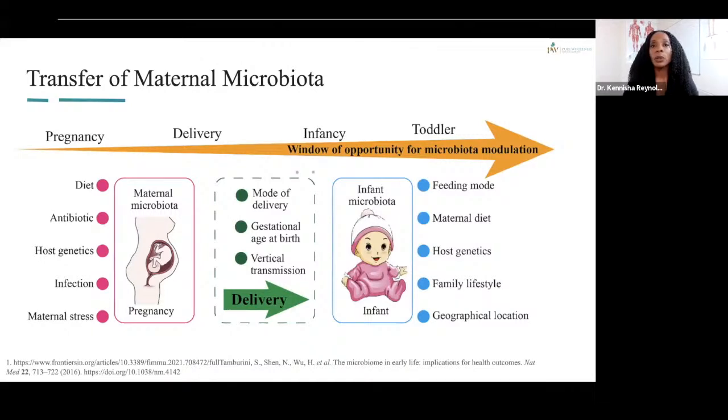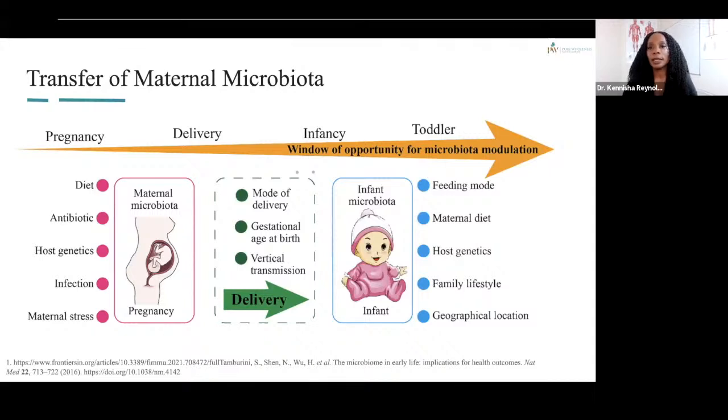So the mode of delivery the mother chooses, whether C-section or vaginal, can play a role in the type of microbiome that's developed in the baby.